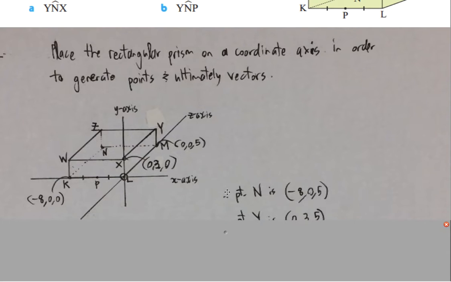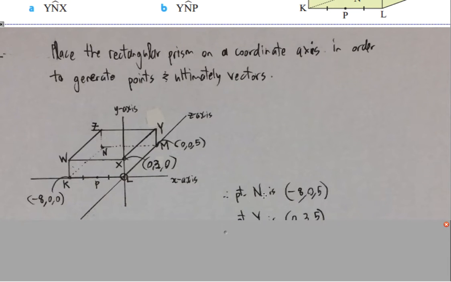So if we're interested in finding point N, because that's the vertex of each of the angles we're looking for, then we know that we're going to have to go along the x-axis negative 8, along the y-axis 0, there's no real height there, but along the z-axis we're going to have to go 5.